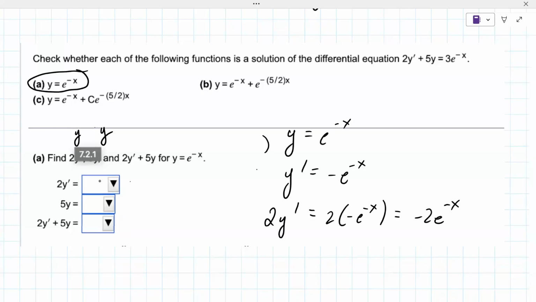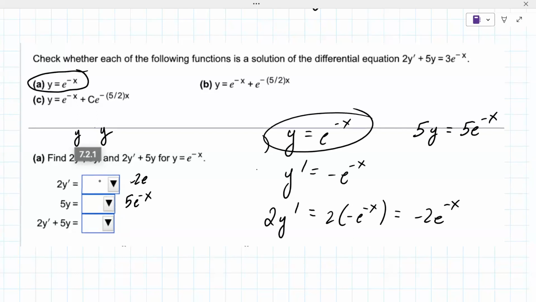So that's the first one. 5y comes from the original here. It's like saying take the original and multiply it by 5, which is 5e to the minus x. So that should be there. Yes, that's there.